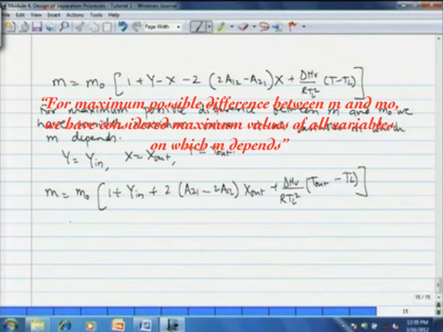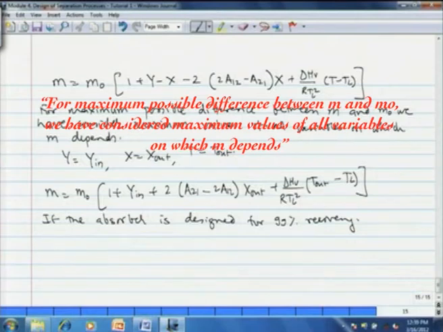Now, if the absorber is designed for 99% recovery, then Gs into Y in is same as Ls into X out.